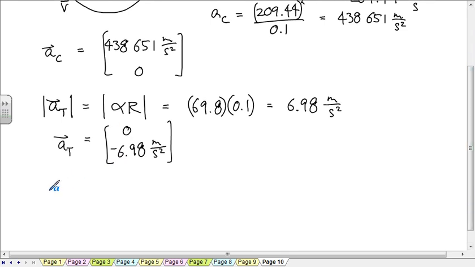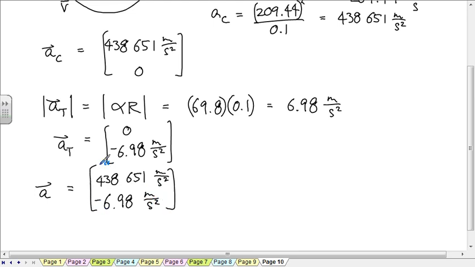And so the total acceleration of that point is 438,651, negative 6.98 meters per second squared. Any questions about that?